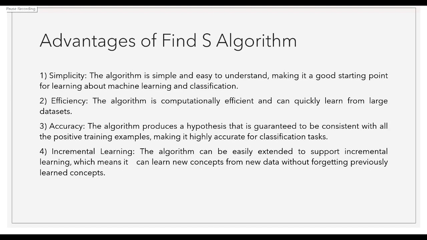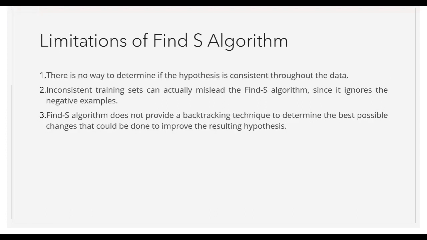The algorithm produces a hypothesis that is guaranteed to be consistent with all positive training examples, making it highly accurate for a classification task. And incremental learning. The algorithm can easily extend to support incremental learning, which means it can learn new concepts from a new data set without forgetting previously learned concepts.